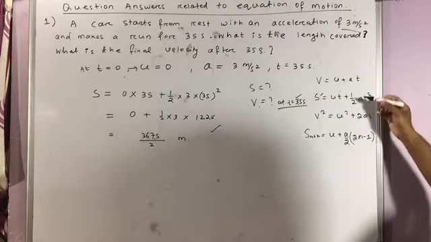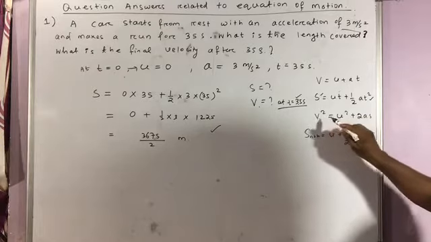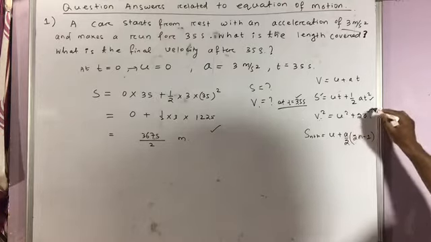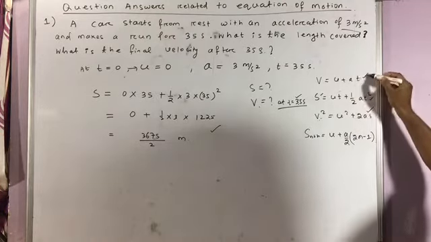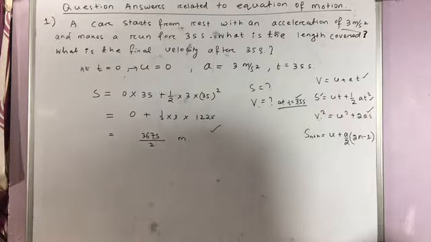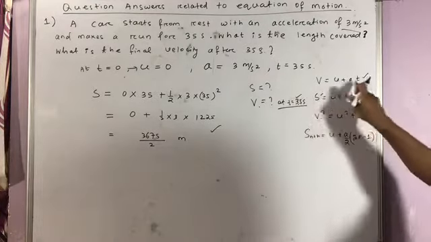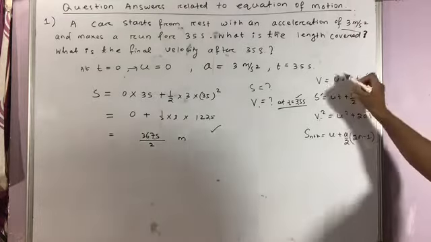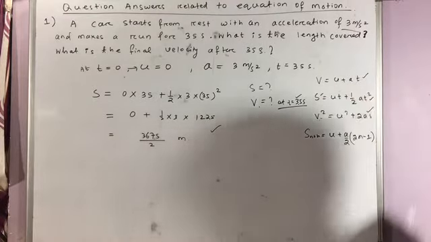You could take v square is equal to u square plus 2as, since acceleration you know and distance is already calculated. But the simple equation you can take here is v is equal to u plus at. Since u is equal to 0, v is simply a into t.